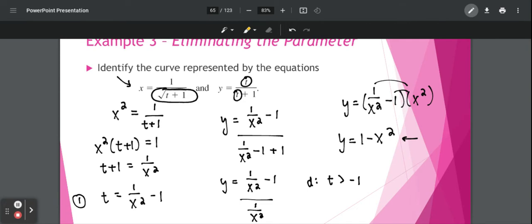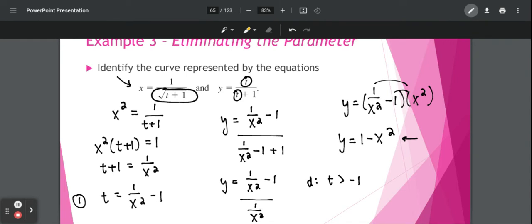So if t has to be greater than negative 1, then what you need to do is figure out what that means in terms of your rectangular equation. So if your t value is greater than negative 1, then that would mean your x value, right?